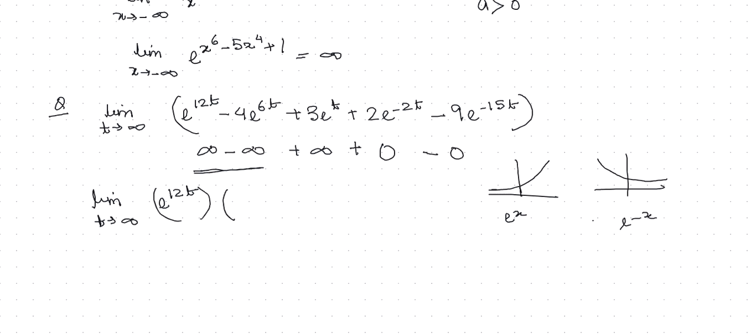This will be 1 minus 4e^(-6t) plus 3e^(-11t) plus 2e^(-14t) minus 9e^(-27t).